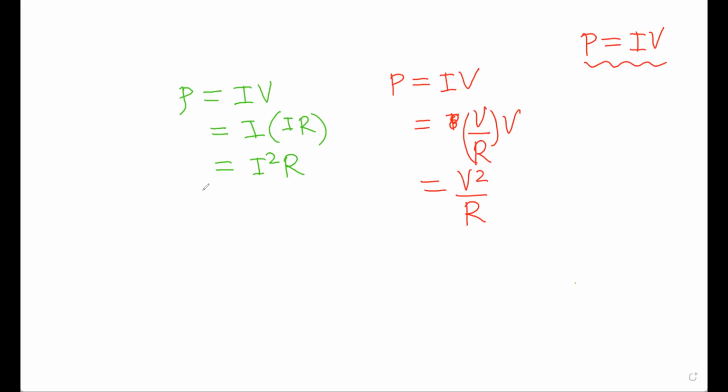For a resistor we normally use this equation or this equation. So for a resistor the power is I squared R or V squared over R, and for a source it is IV.